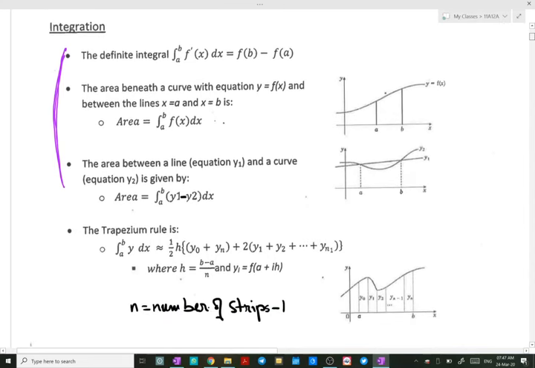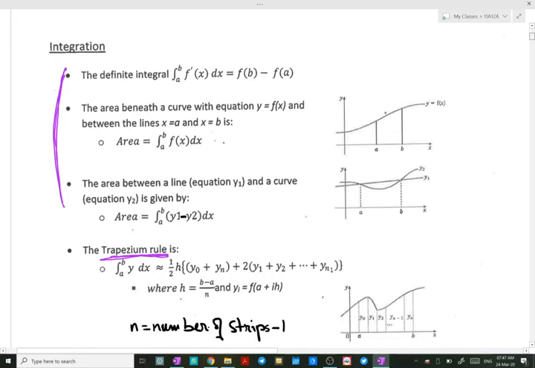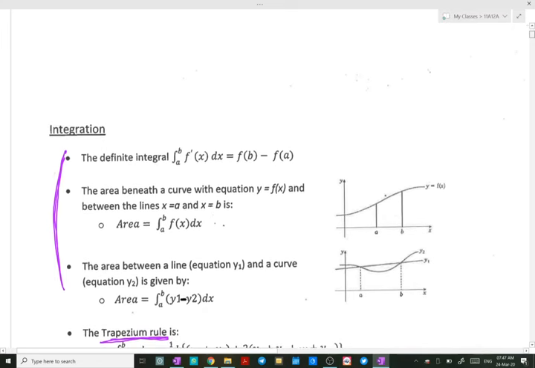They will only give you the trapezium rule in the formula booklet, and we will discuss the trapezium rule in coming videos. Let's talk about the first 3 formulas. In order for us to find the definite integral, we have to use this formula where you integrate.